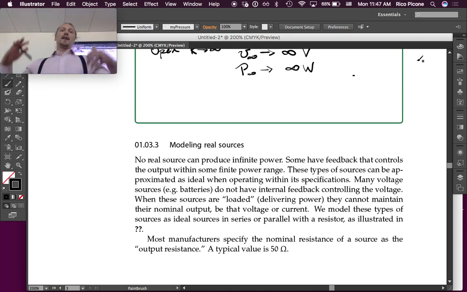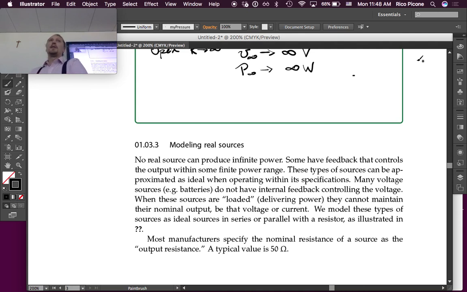When the sources that don't have feedback in them are connected to a circuit, they're loaded. We say that they're loaded, and so they're delivering some power. They can't maintain their nominal output. Say you had a 9-volt battery, and you put it across even a kilo ohm resistor, or for sure a 100 ohm resistor.